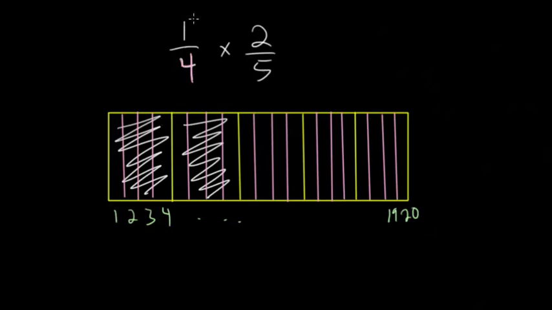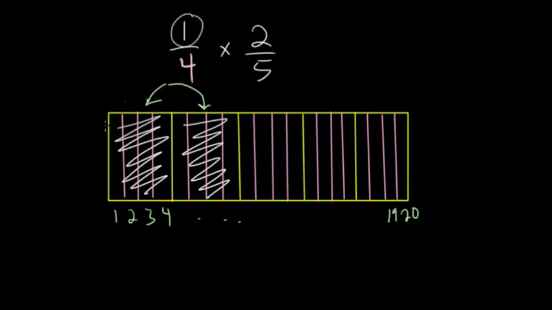And once we've split these up into 4 pieces each for each of the 5 blocks, then now we go to our numerator. So out of the 2 pieces that we had when we originally cut it up into 5, we then further cut these up into 4, and we only want to take 1 of them.